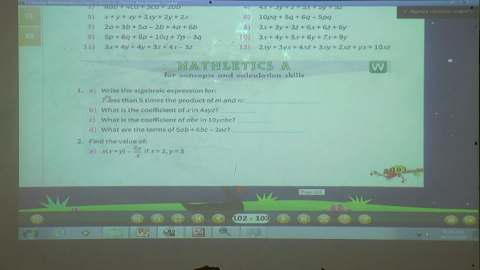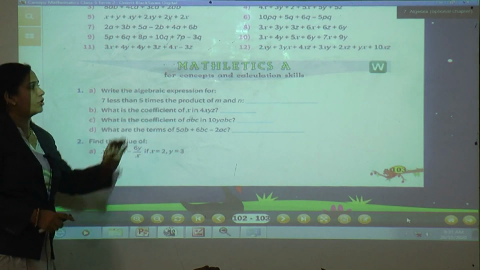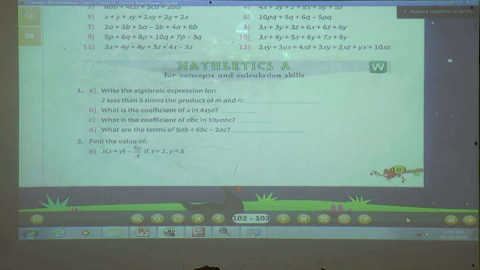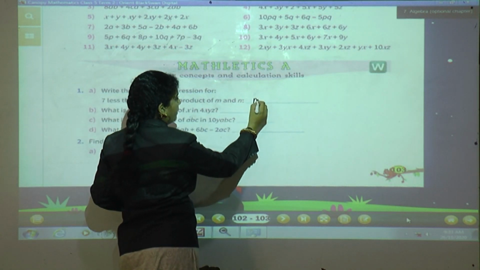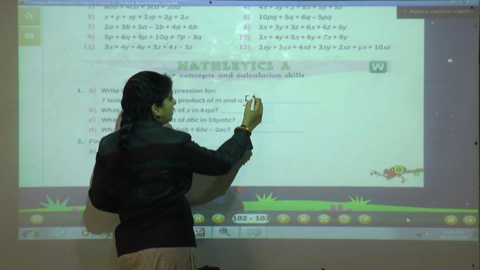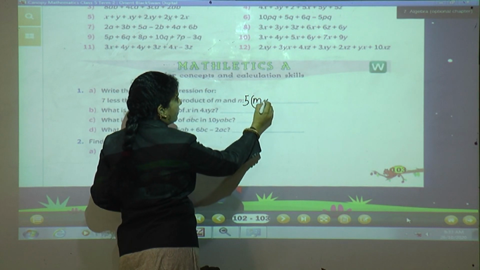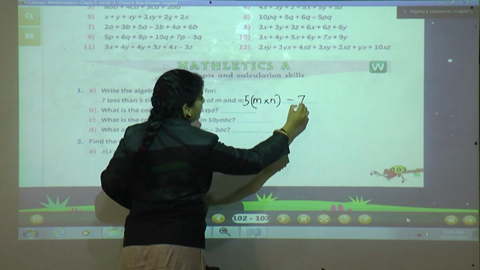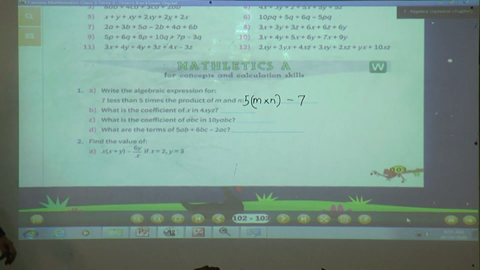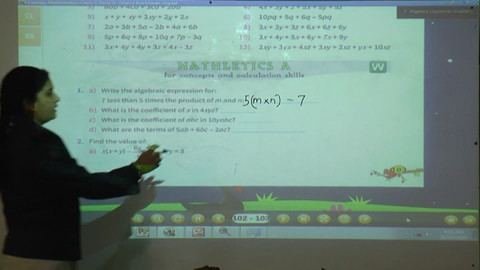So just see, write the algebraic expression for 7 less than 5 times the product of m and n. That means product means what, students? Multiplication. So product of m and n 5 times, okay, and minus 7. So what to write, students, here? 5mn. We can write 5mn minus 7.